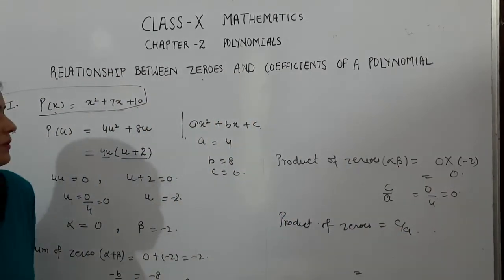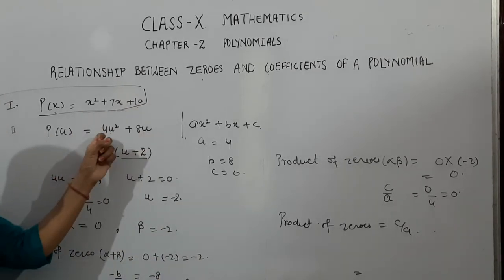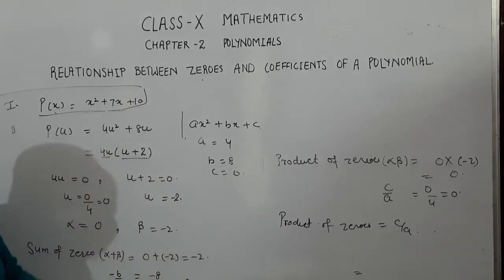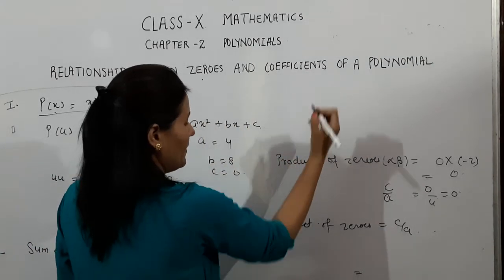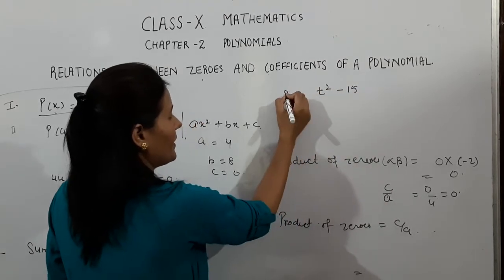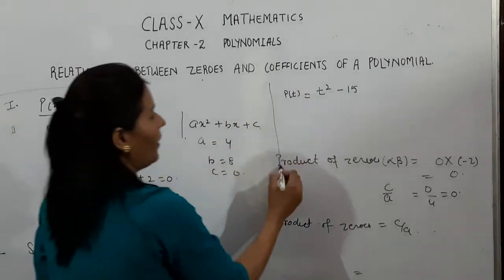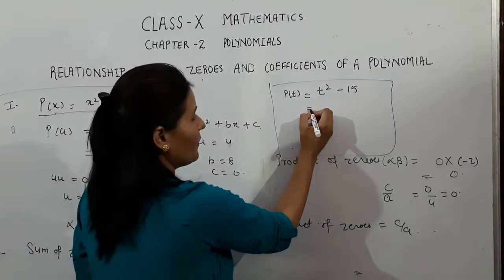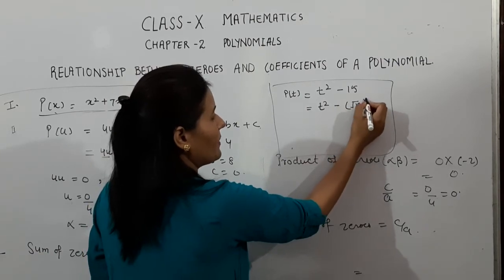Clear? So next type: the first type had 3 terms, the second type had the first and second term, and the third type we will have is this type of polynomial. Just I will tell you, t square minus 15. It is from your NCERT only. In this type of polynomial, how to get its zeros? Here you need to write t square minus root 15 square.